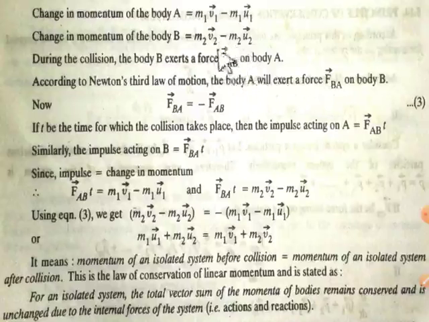One is FAB, the force experienced by body A due to body B, and the other is FBA, the force experienced by body B due to body A. That means body A collides onto body B, and body B experiences a force, denoted by FBA.